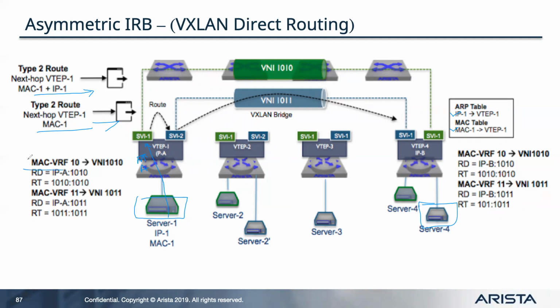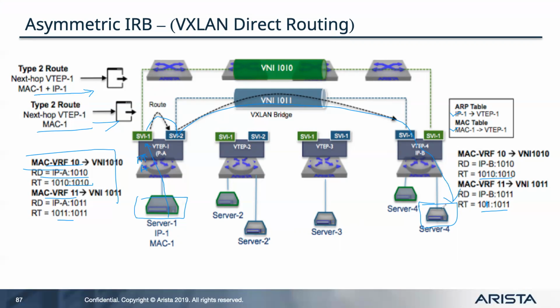This is the configuration on both sides: RD and RT for MAC-VRF 10 and RD and RT for MAC-VRF 11, and also VLAN to VNI mapping under VXLAN. This is the configuration at both ends where RT is the same for that particular VLAN. Here there's a typo, it's VNI 11. Then you receive the packet, route it from one VLAN to another, green to blue, bridge the packet here, decapsulate and forward it.